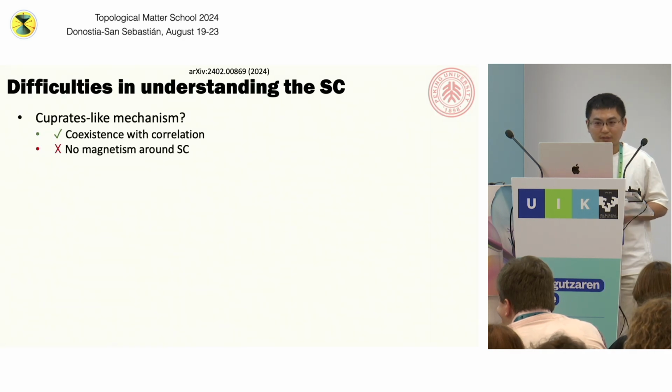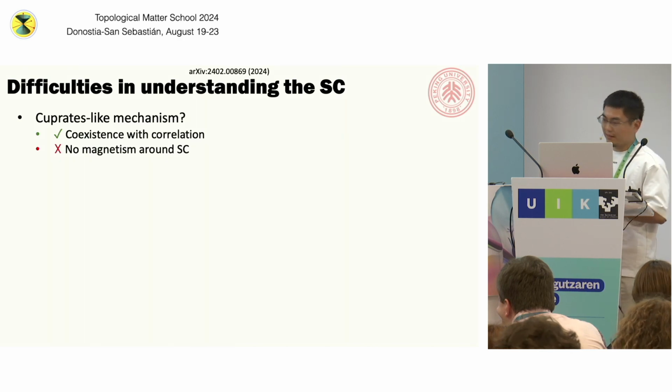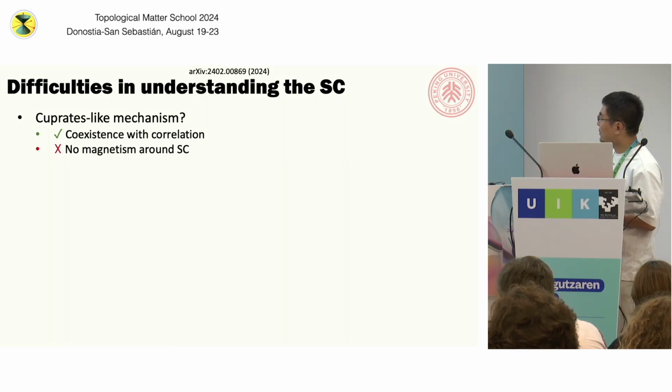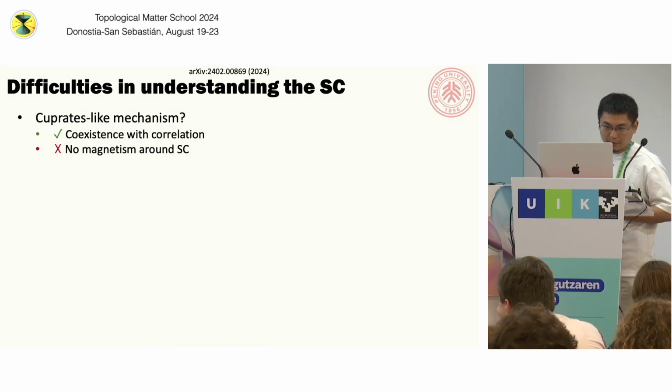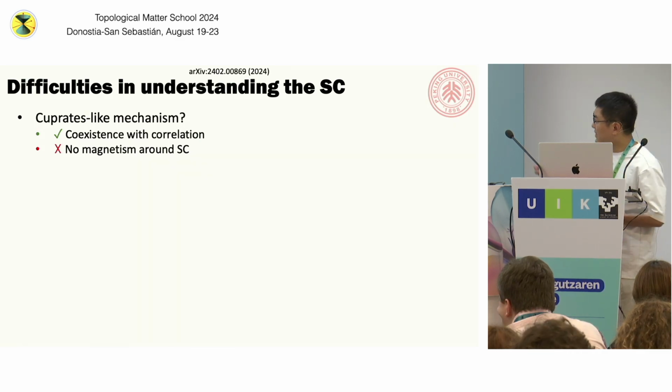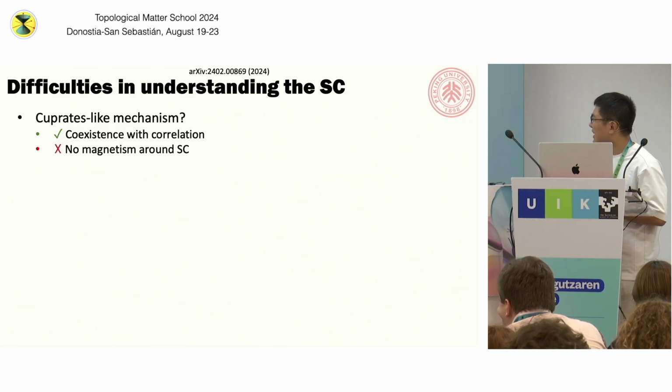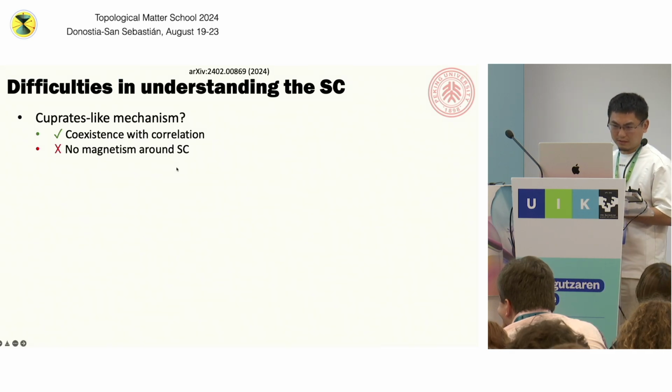Okay, so let's think about what the possible pairing mechanism is. As the phase diagram looks very similar to that of the cuprates, one may expect a cuprate-like mechanism. But I think it's quite different because here no magnetism is observed around the superconductivity.